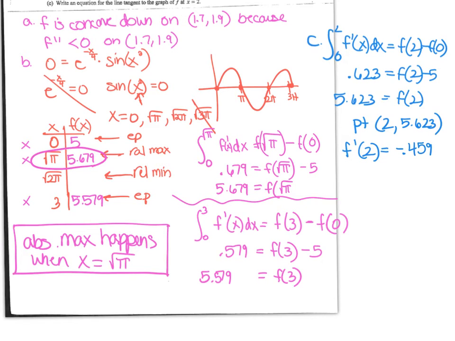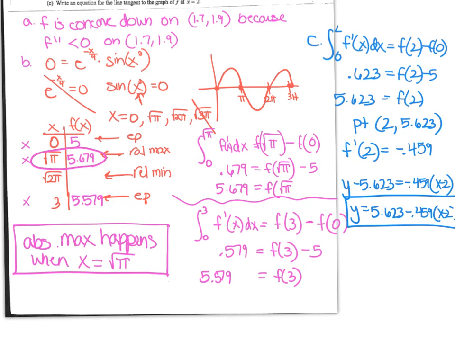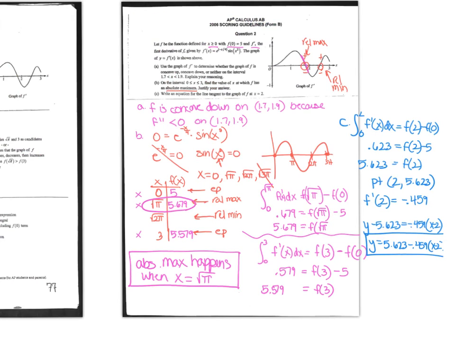So when we go to put this into point slope form, it looks like that. If you want to just write it as y equals, we can move that 5.623 over. And there you are.